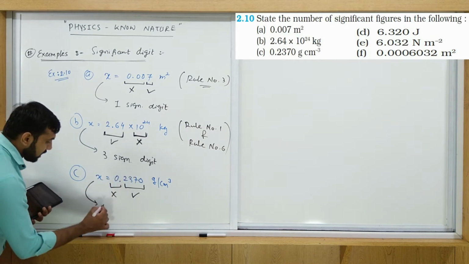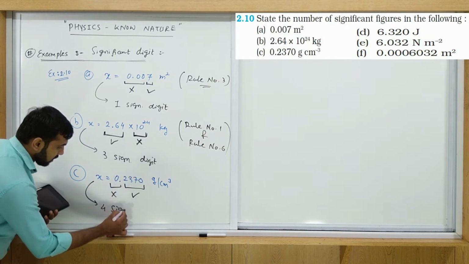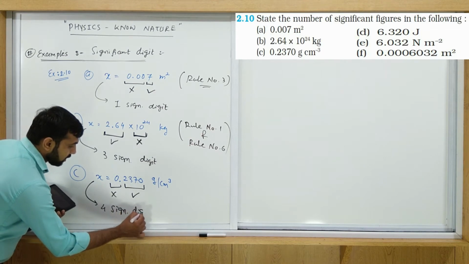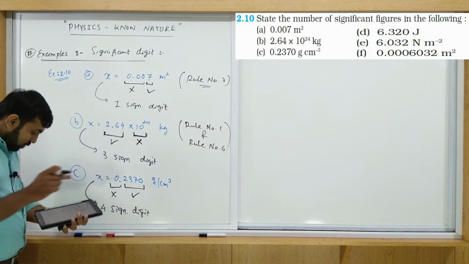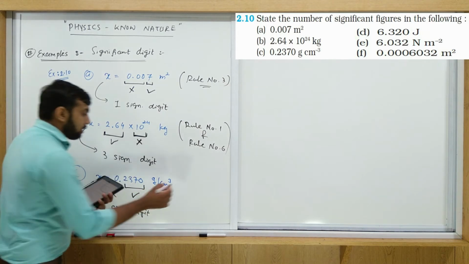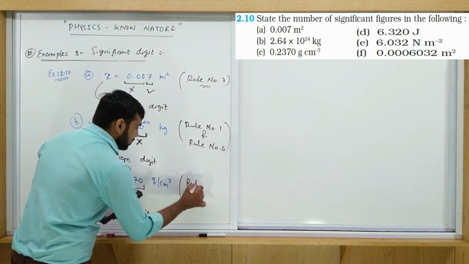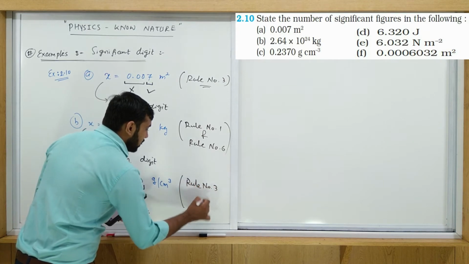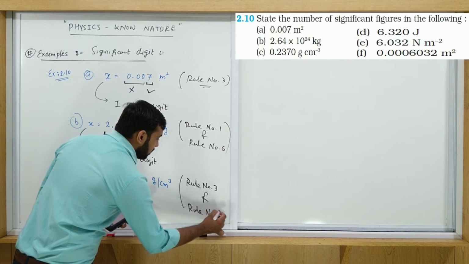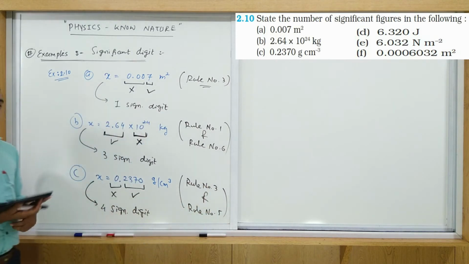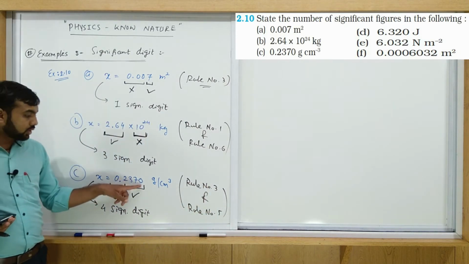So 4 significant digits. Write down the rule numbers also. This rule is rule number 3 and this rule is rule number 5. So two rules are used, rule number 3 and rule number 5.